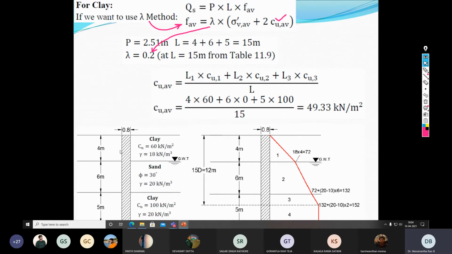So for layer 1, 4 into 60, plus for layer 2, Cu2 is 0, so 6 into 0 because it is sand, and for the third layer 5 into 100, divided by the total length of the pile, 15. So what you get is the mean undrained cohesion as 49.33 kilonewton per square meter.